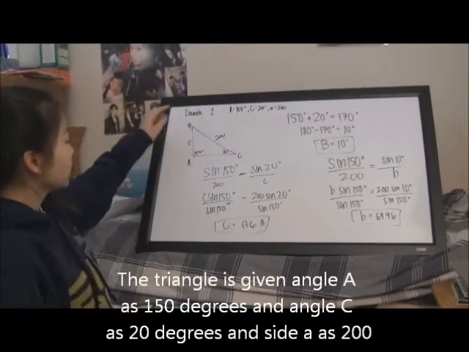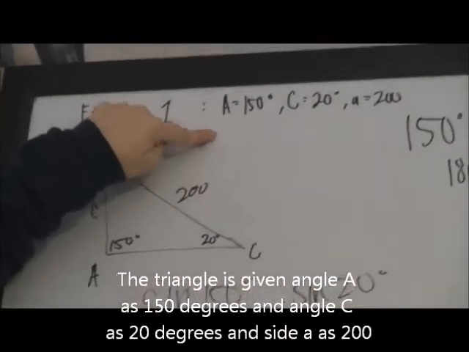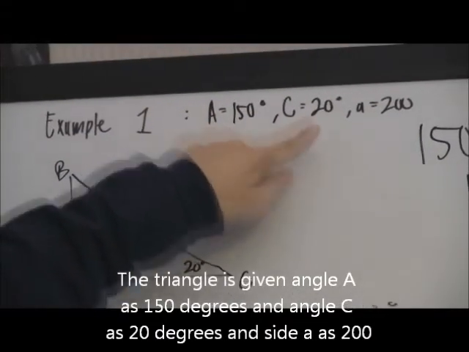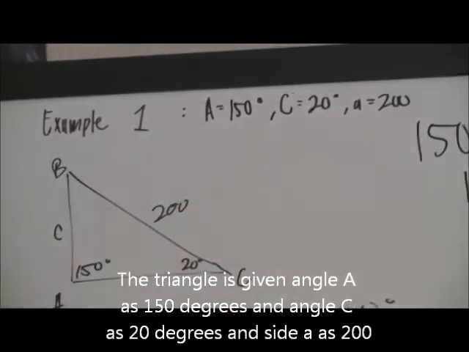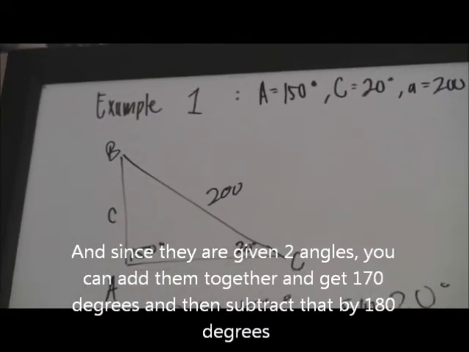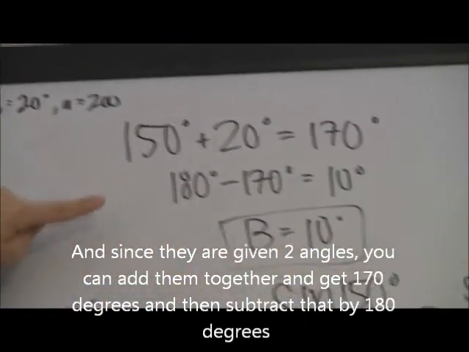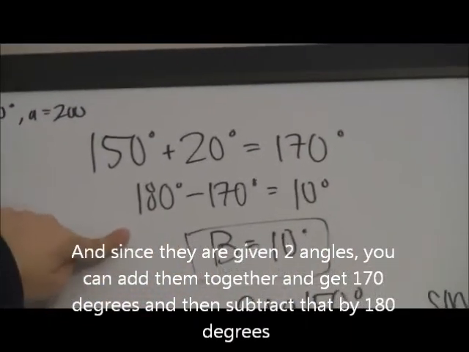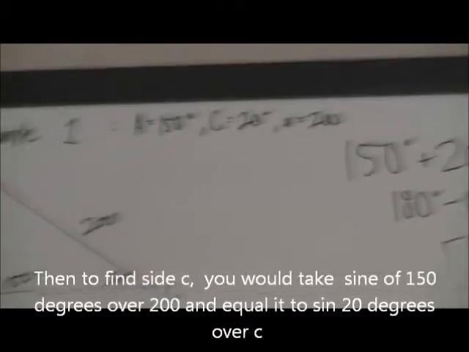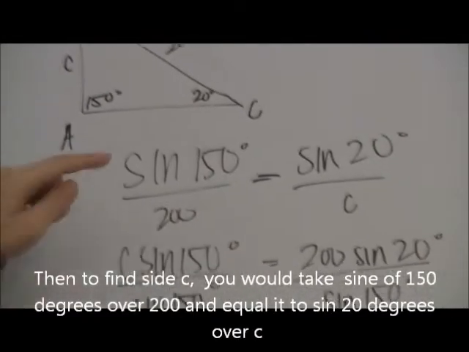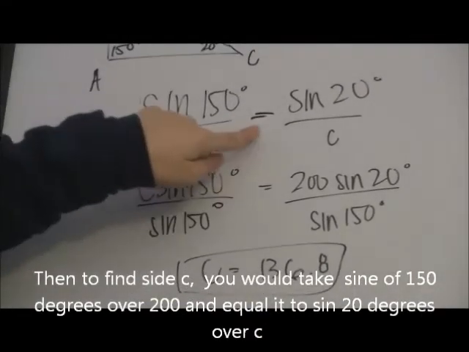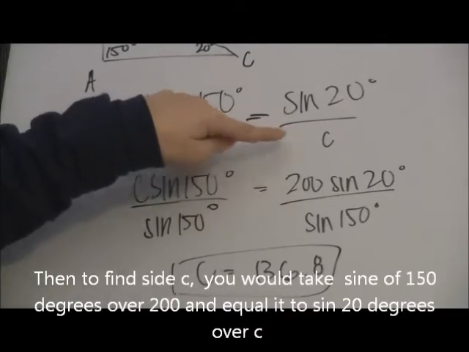Here's example 1. The triangle is given angle A as 150 degrees, angle C as 20 degrees, and side a as 200. Since you are given two angles, you can add those together and get 170 degrees. Then subtract that from 180 degrees to get 10 degrees, which is angle B. Then to find side c, you take sin 150 degrees over 200 and set it equal to sin 20 degrees over c.